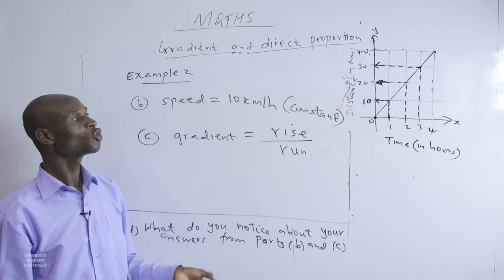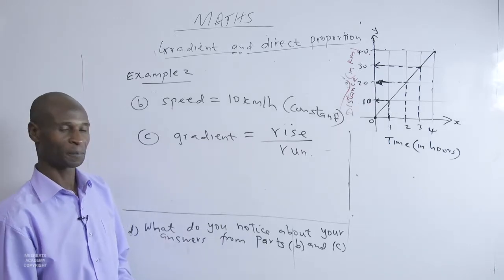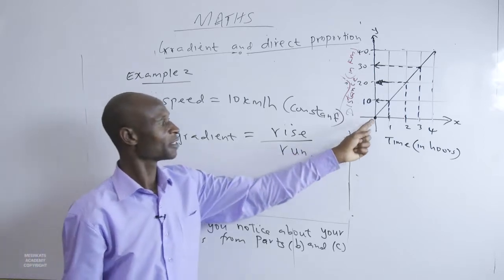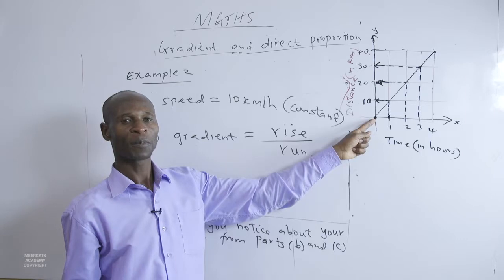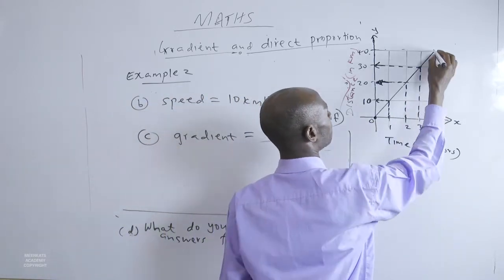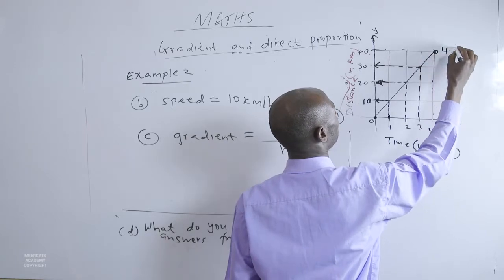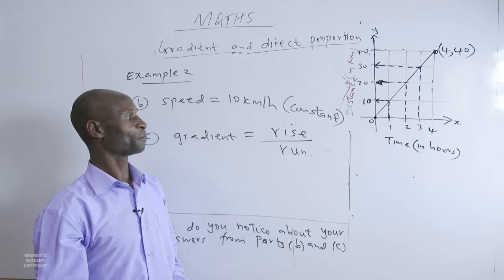So we pick any 2 points from the line, from the graph that has been drawn. In this case, we can pick the first point, which is 0, and the last point, which is 4 and 40.